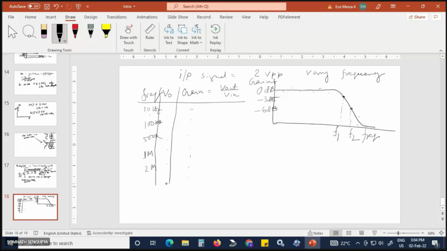There are two frequencies that tell about bandwidth. This is the 3 dB frequency that tells the electrical bandwidth. And this F2 is the 6 dB frequency, and this is called optical bandwidth.